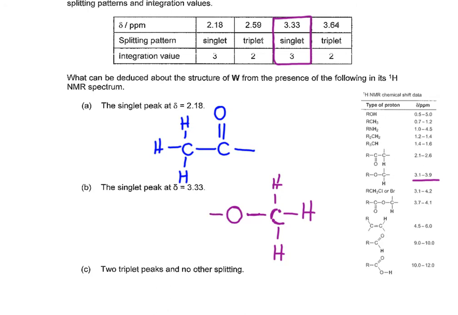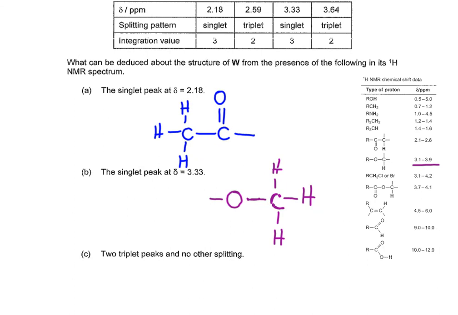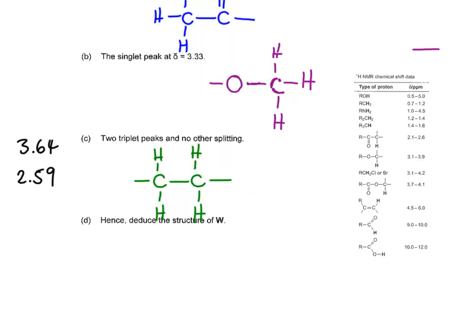Finally, we've got the 2 triplet peaks, and these are both for CH2s. So we've got 2 hydrogens next to 2 others and 2 hydrogens next to 2 others, so that's the 2 triplets that we see.